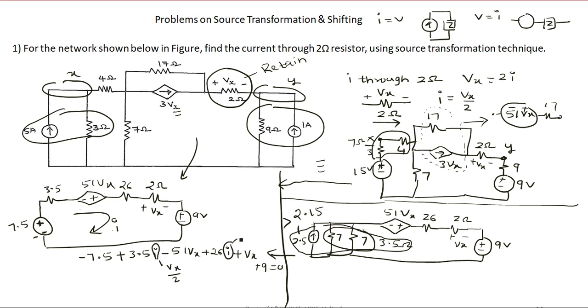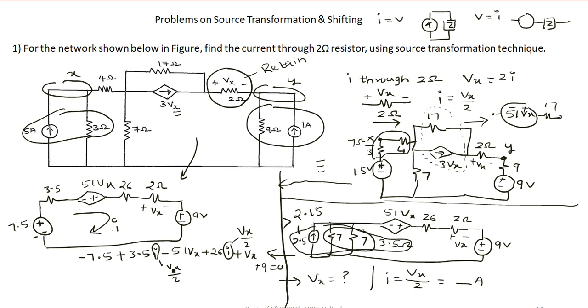So here also we have this. This can be replaced by Vx by 2. Okay. So you will get this equation. So from this equation you can find what is Vx. You calculate that. Then use that Vx value in the equation, I equal to Vx by 2, so that you will get the total current in amps. Okay. So can you do this?